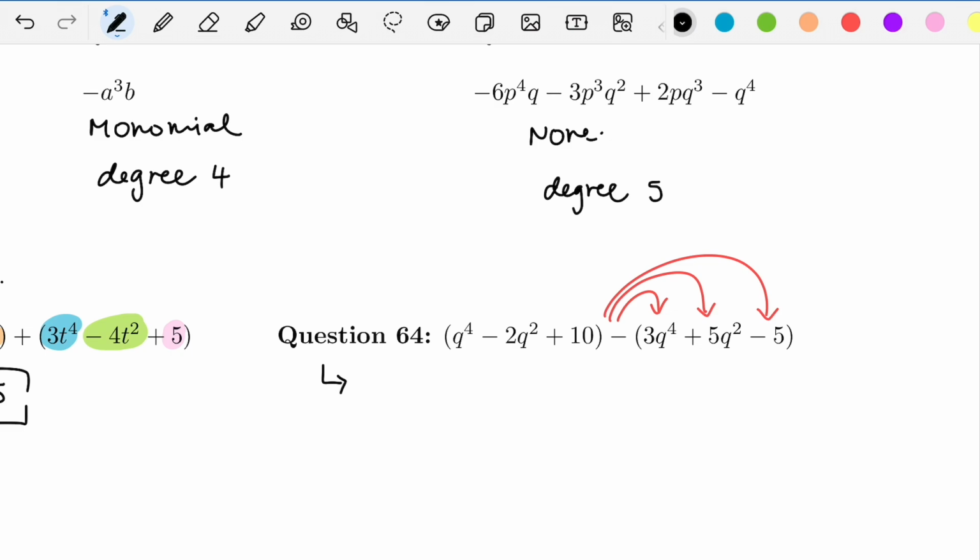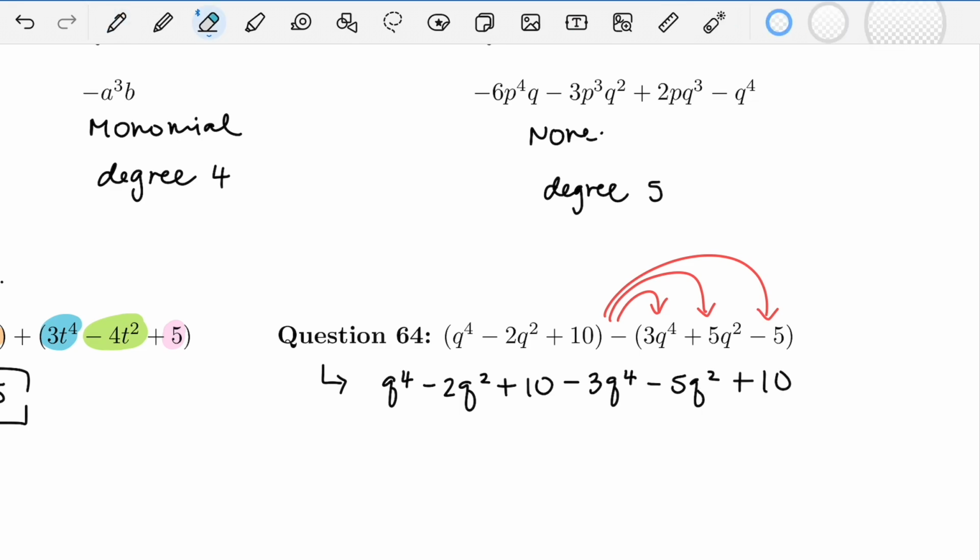So we're going to rewrite the subtraction of these two polynomials by distributing this negative among the second one. So this becomes a minus 3q to the 4th power, a minus 5q squared, and then a plus 5. All right, so from here, we can just combine like terms just like we saw in the last example. So let's continue with our color coding here.